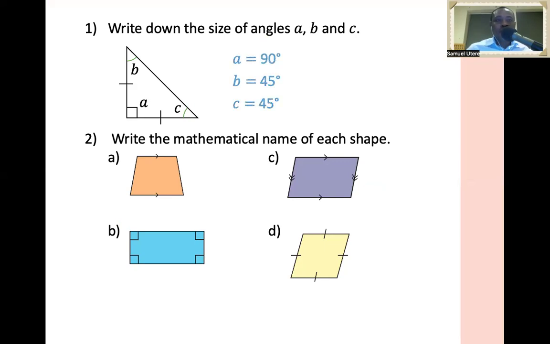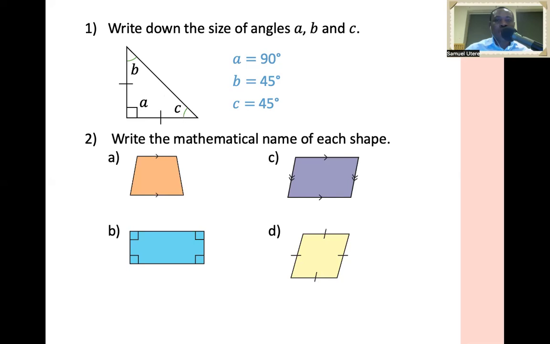For the first question, you were asked to write down the size of angles A, B, and C. We can see the angle notation here represents the right angle notation. So that is 90 degrees. Now, if that is 90 degrees and you see these hatch marks here, it means B and C must be equal.